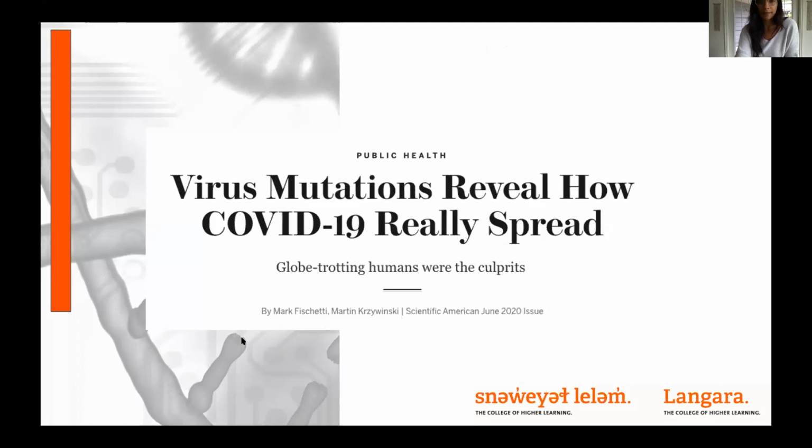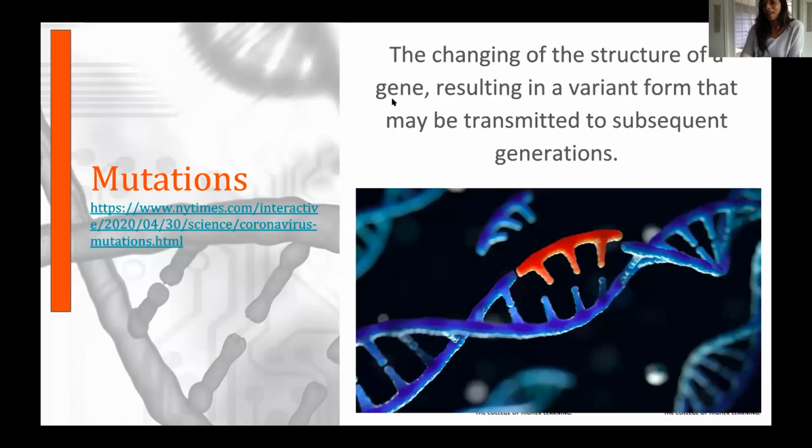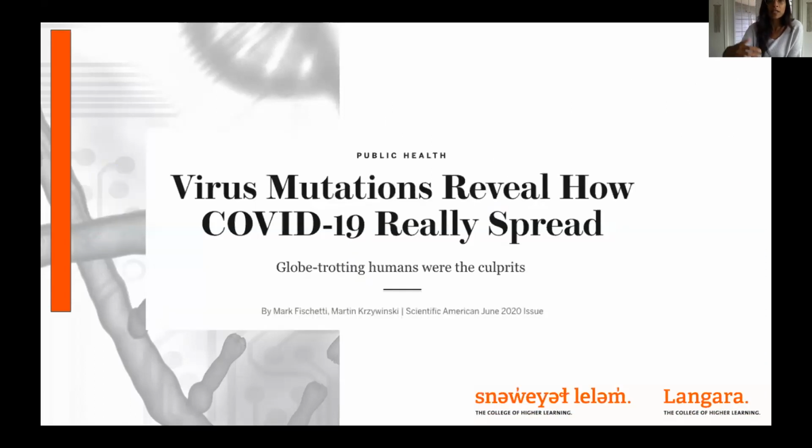We're going to go through it pretty briefly, but certainly with lots of nerdy intentions. I'm going to deal with the biology side of things, and Ryan's going to talk more about the computer science side of things. The title of the article is Virus Mutations Reveal How COVID-19 Really Spread.